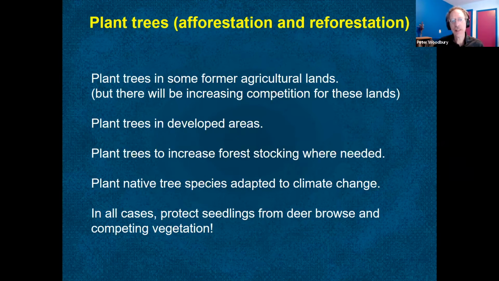We can plant trees to increase forest stocking, which just means increasing the number of trees. If we have a young forest where there's heavy deer pressure and there aren't enough young seedlings, we could plant some seedlings in that forest and protect them from deer, and we can increase the growth rate of existing forests. Again, this is an important opportunity for New York State and other places.